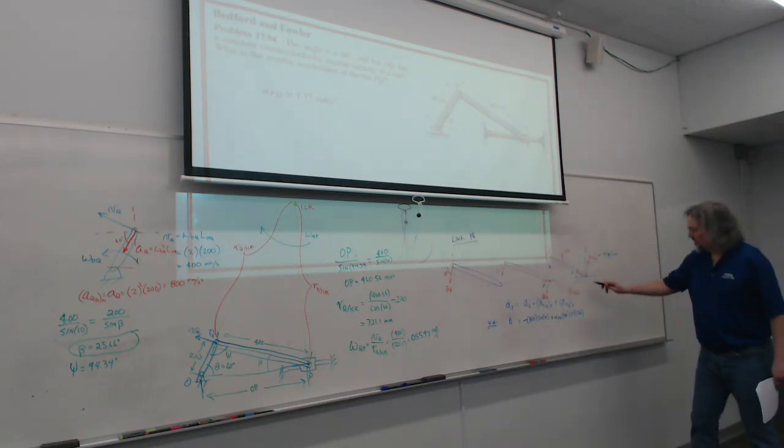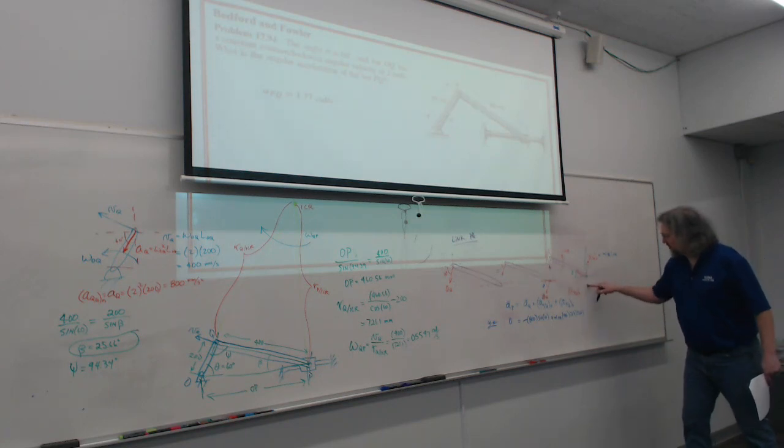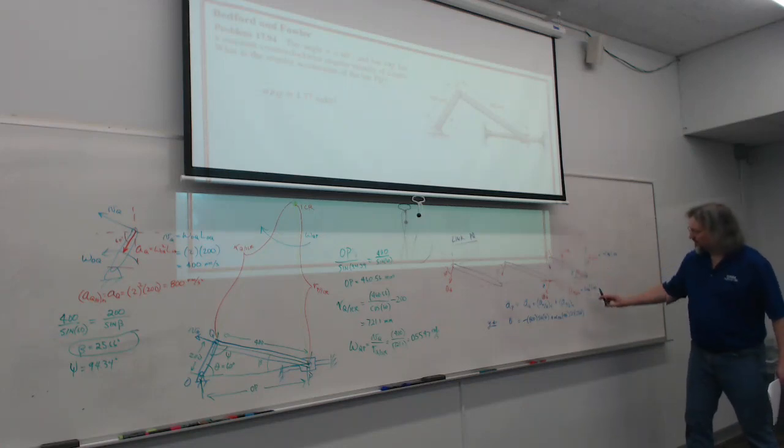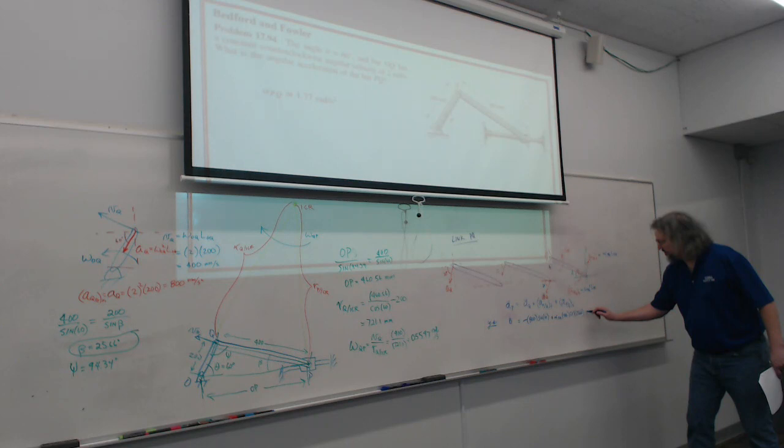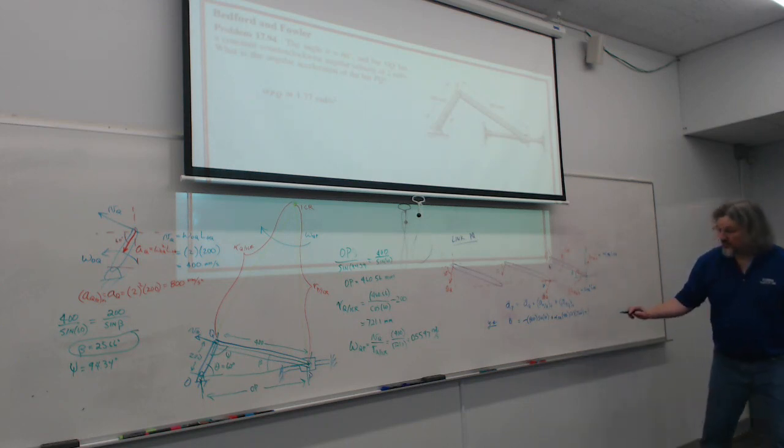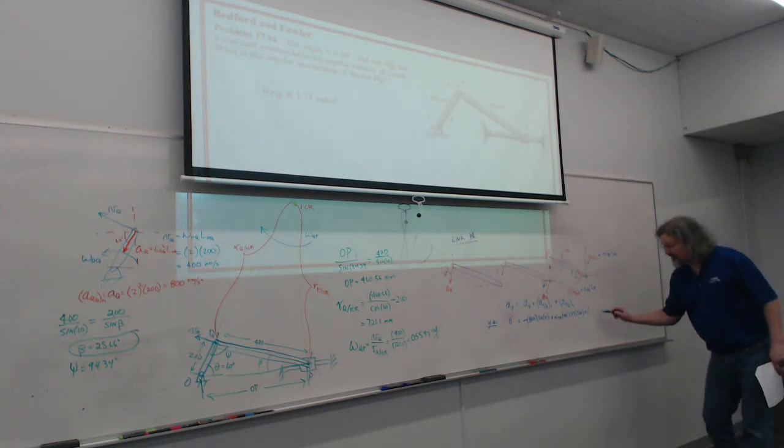And now we want this guy right here, which we never wrote out because he was omega PQ squared times L PQ. And he too is going positive, so he's going to be plus omega PQ, which we found to be 0.5547.